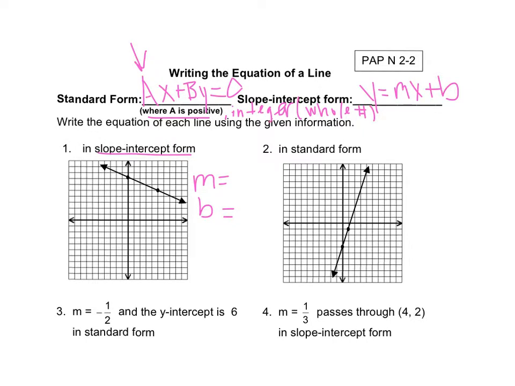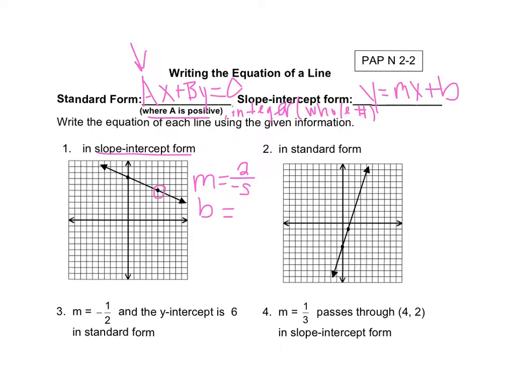So the slope, you're going to pick one of the points. And then remember, slope is rise over run. So I'm having to go up 2 to get to the next point, which is positive, and then left 5. So it should be a negative 2/5 for the slope. If you had started with the other point, you would have gone down 2, right 5, which still would have been an overall negative 2/5.